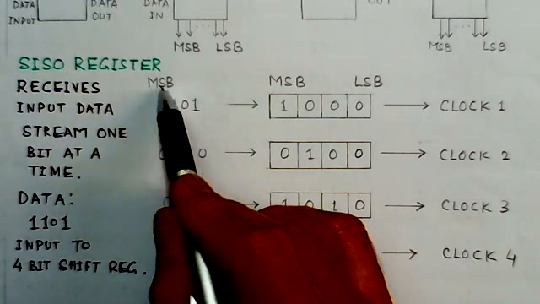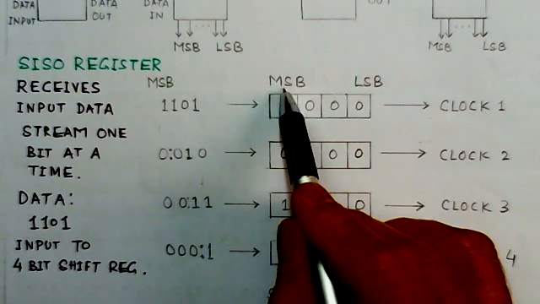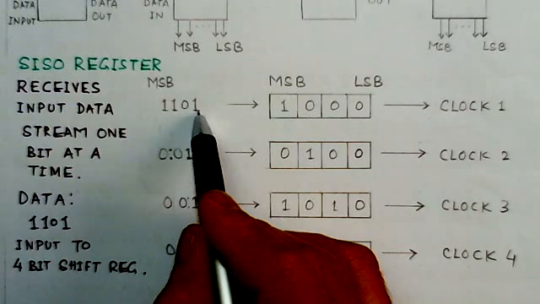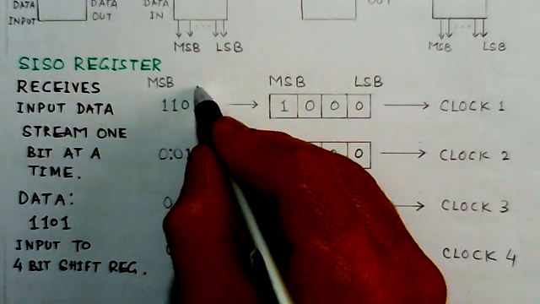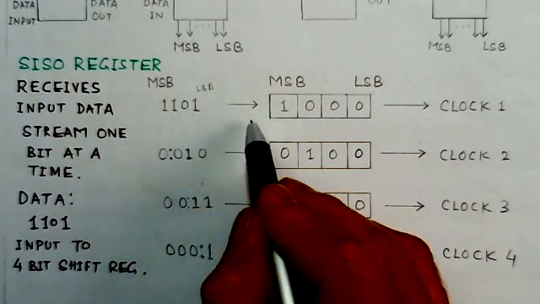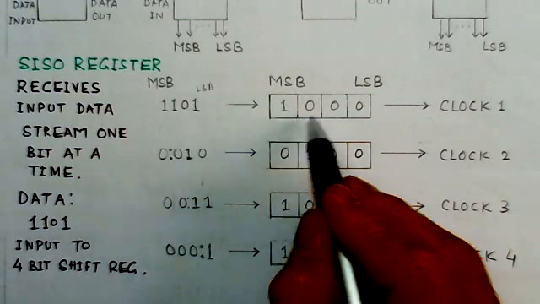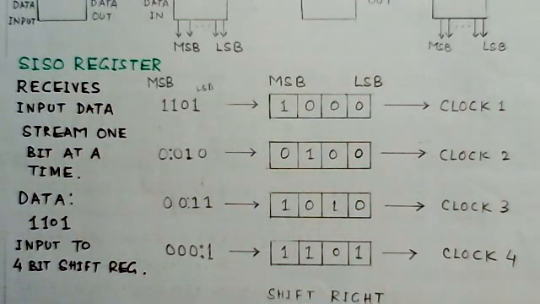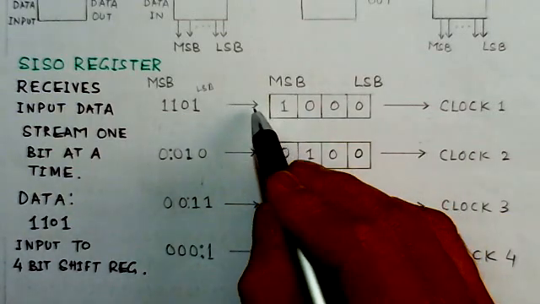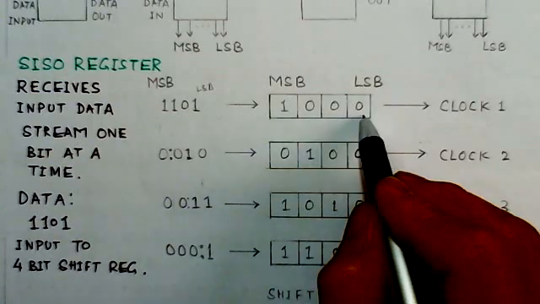You can notice here this is the MSB of the data, this is the LSB of the data. The LSB of this data gets entered into the shift register first, because this is a shift right operation. So the input here will be 100.